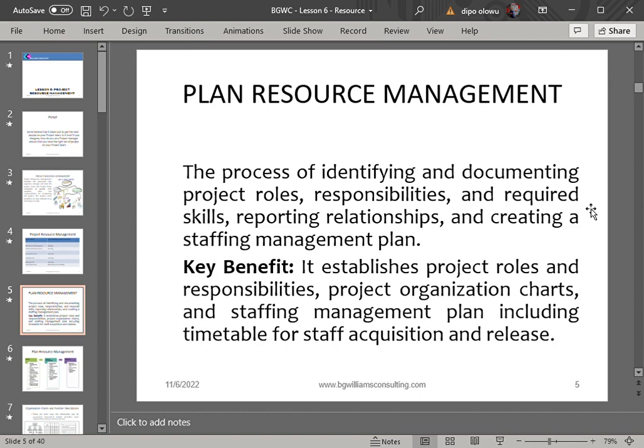I will need material resources. I will need equipment for this project. So plan resource management is that process where the project manager identifies all the possible resources that will be needed, documents those resources, and begins to assign roles and responsibility.